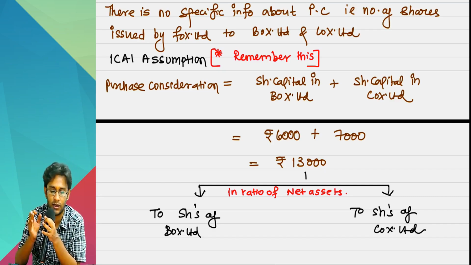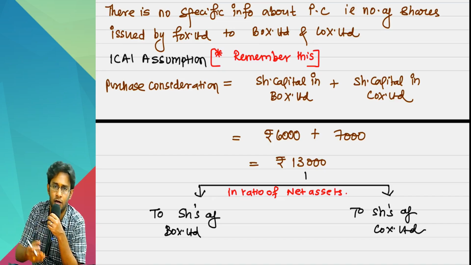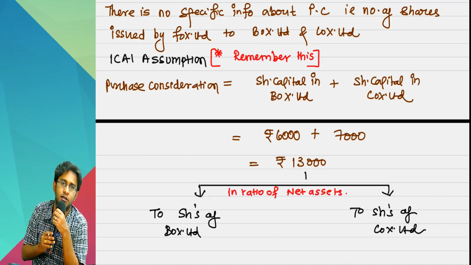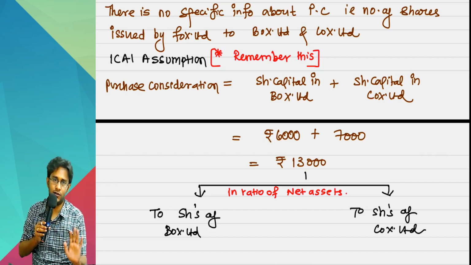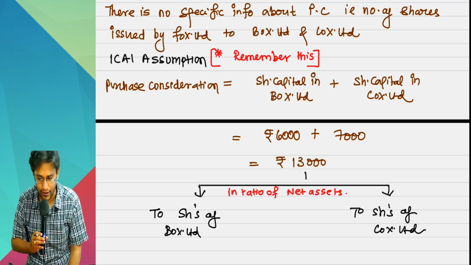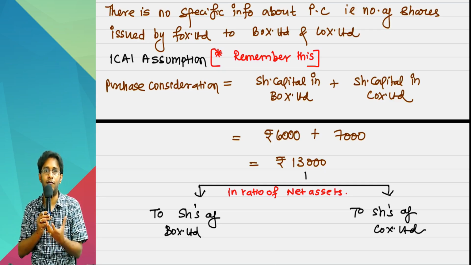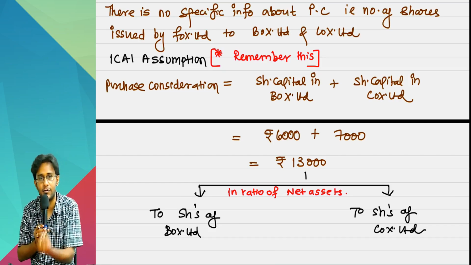If you say that, sir, 13,000 will be allocated to Box and Cox in the ratio of their fair value of business. Your business value is more, you will take more PC. That fellow's business value is less, he will take less PC. Good enough. I am not saying that is wrong, but it is the ICA answer. Sir, PC allocation is always based on valuation. Business valuation you can take, net assets valuation you can take.